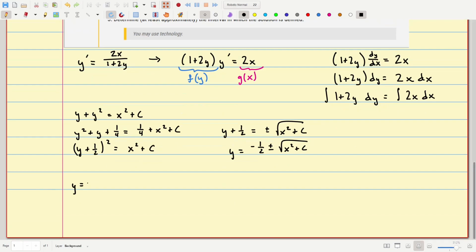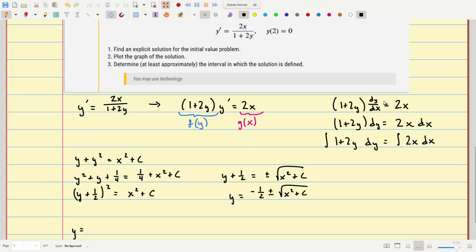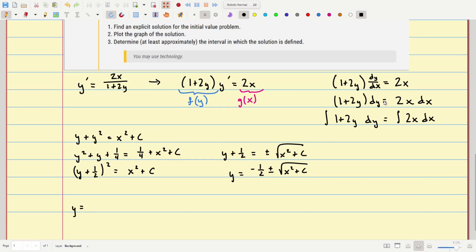Which says that at 2, our function's equal to 0. So we plug that into our function. We want to work this out as far as we can, so we're going to get -1/2 plus or minus the square root of 4 plus c.